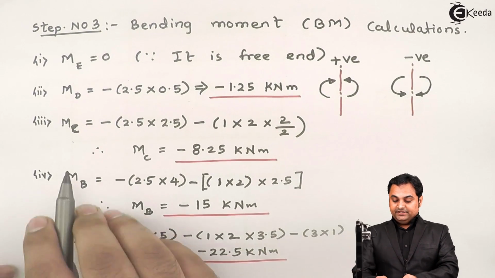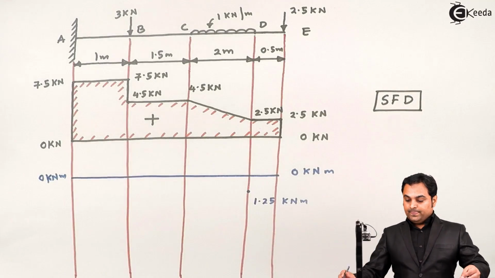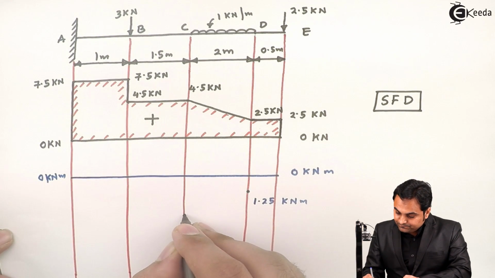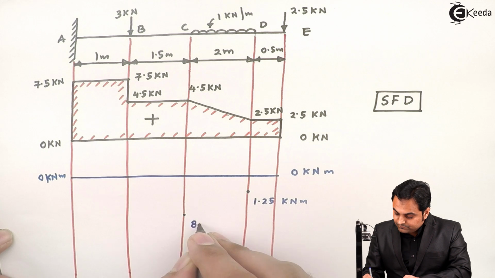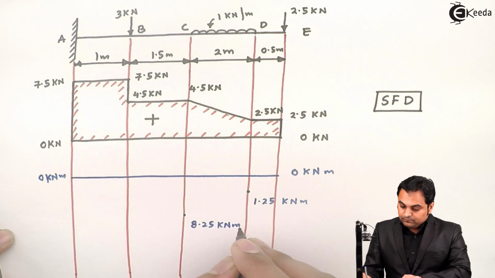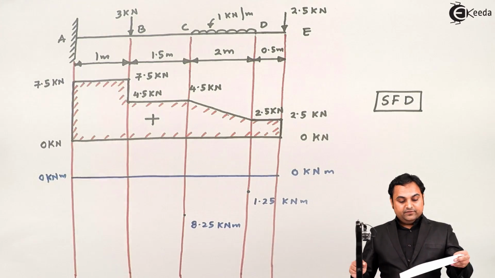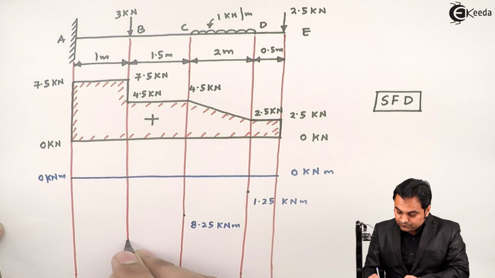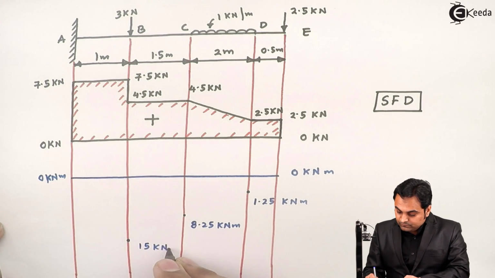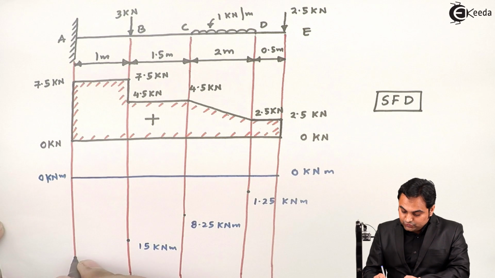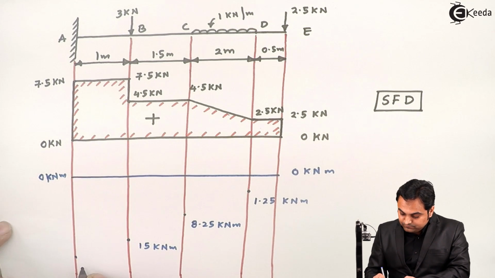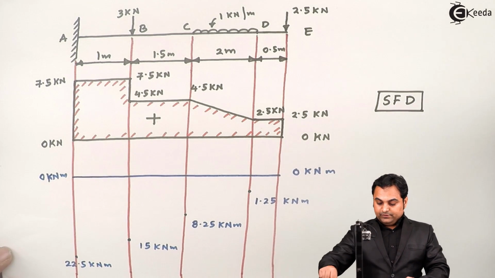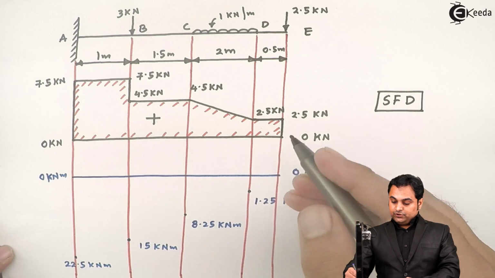Then at C it is minus 8.25, so again minus means below this line. Then at B the value is minus 15, and at A the value is minus 22.5. Now I have to connect these points.